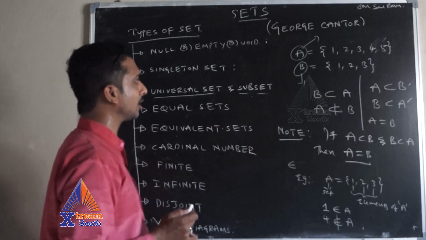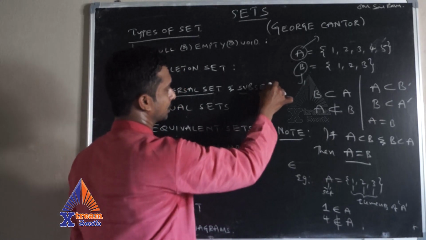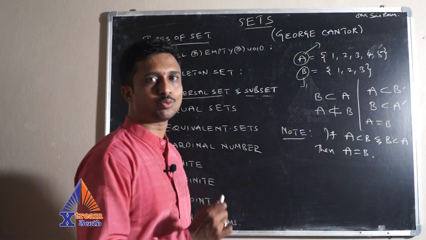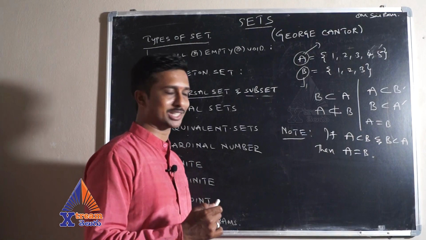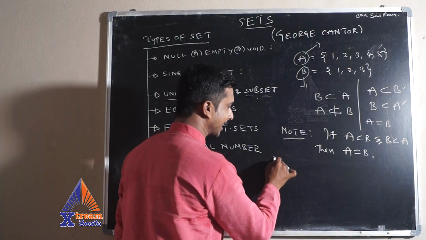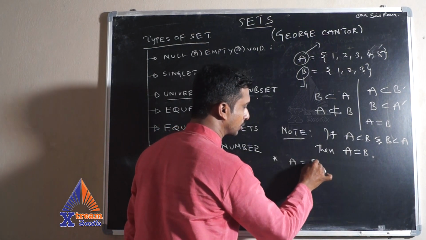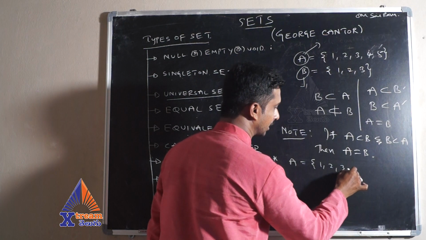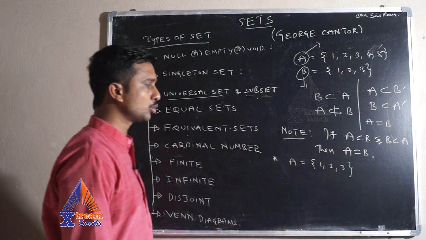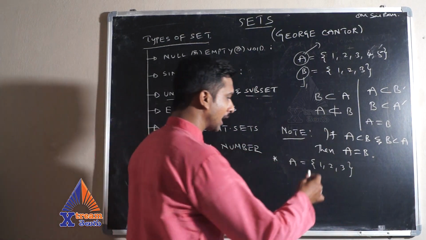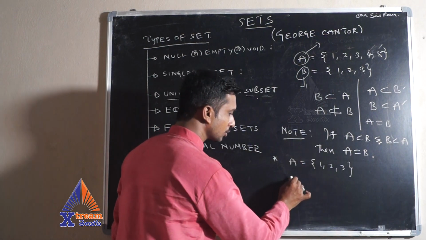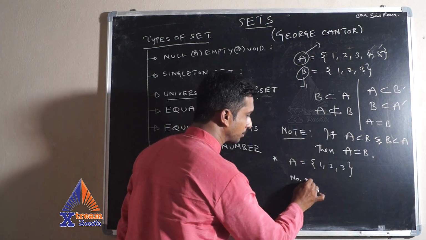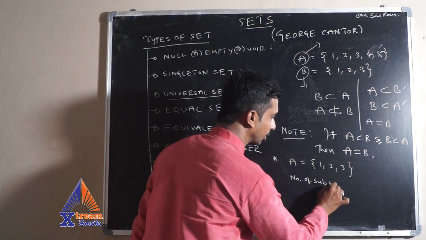That is a subset. Next we have something called the number of subsets. So let us see how to find the number of subsets. Suppose one example: A is equal to {1, 2, 3}. How to find the number of subsets and how to find the subsets? Here we have the number of subsets formula. It's a very important bit.